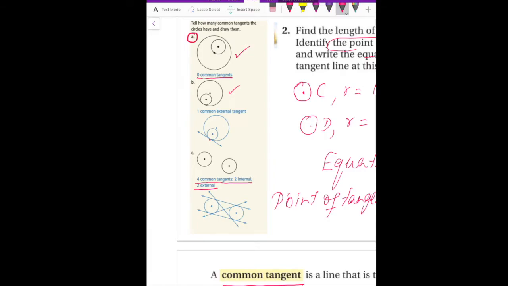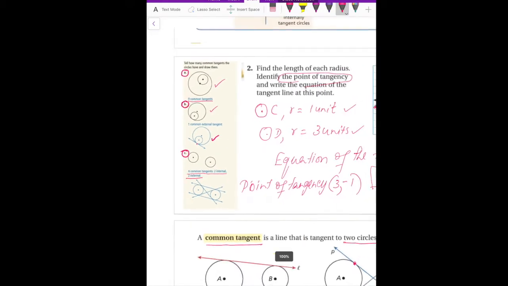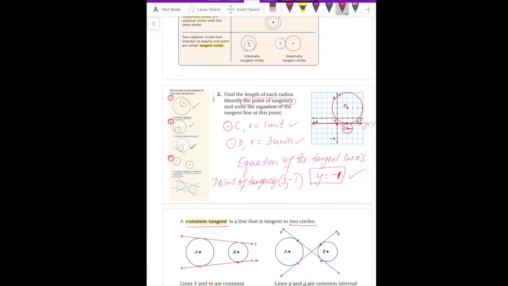Part A, you have no common tangents. Part B, you have only one, and that is that figure. And part C, you can draw 4 common tangents if you have 2 circles like this. So that is common tangents.